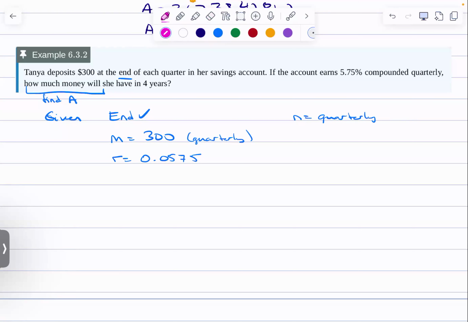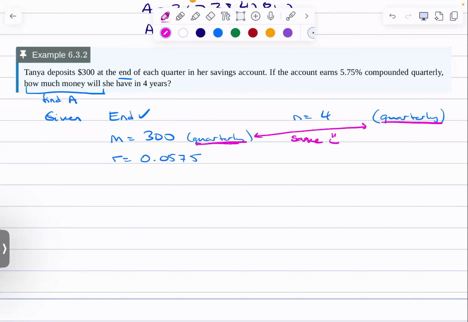Let me just clean this up. N is 4, which means it's quarterly, which means that the payment frequency and the compounding frequency are the same, which means we can move ahead.